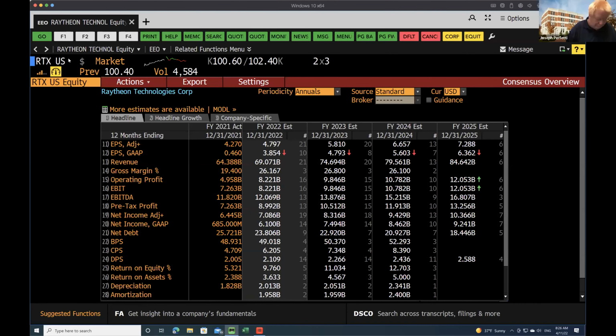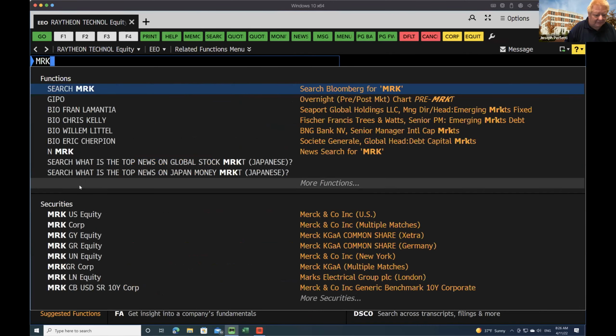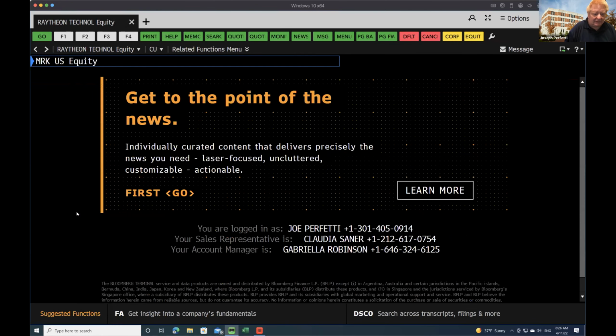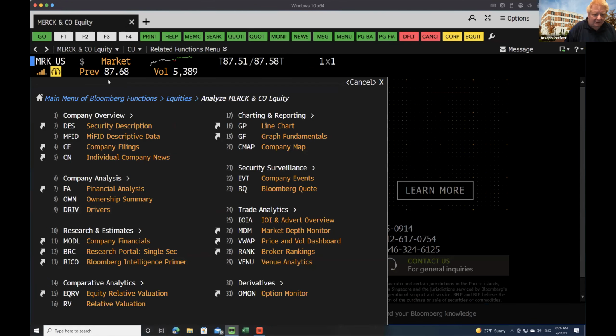So MRK US Equity is your group case project. So let's go in here. Here is Merck, share price around $88 a share.